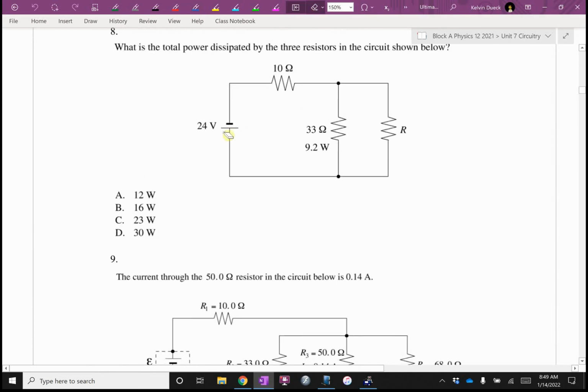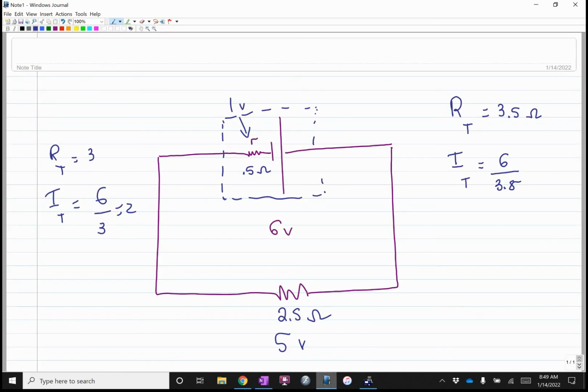But here, I'm going to assume that this is the terminal voltage, that when they gave me that 24, they've already included the voltage drop going through the battery. In other words, that 24 is the 5 that you actually got from here, not the 6 that it's labeled. They've done the math.